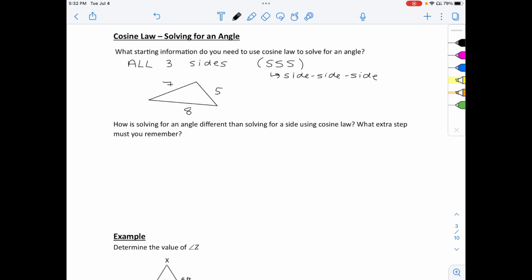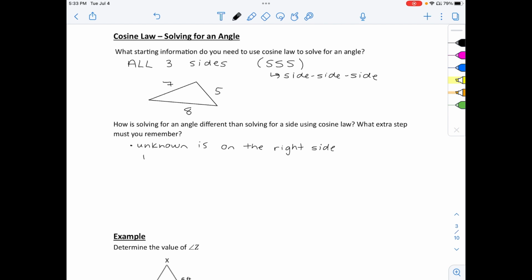What is different about this is the unknown is on the right side of the equation. So we need to isolate. With solving for the side length, our unknown was on the left side, and we just had to calculate everything as it was written on the right side. In this case, we just have to do a bit of isolating.